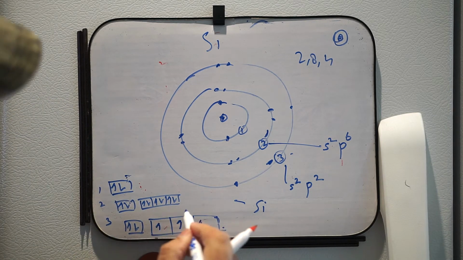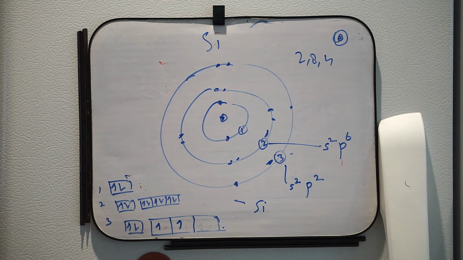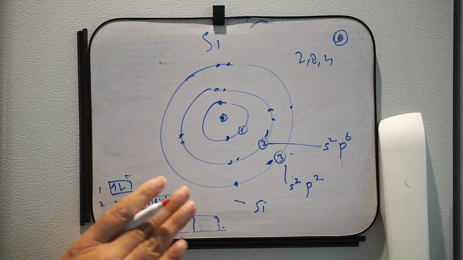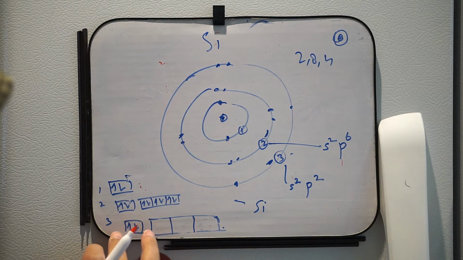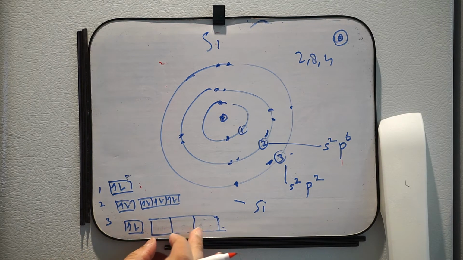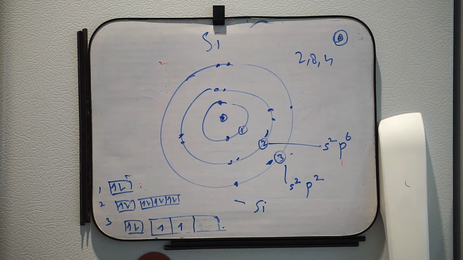The other possibility to reach a stable point is that it can actually also give just these 2. So then this becomes empty, still a valid, stable configuration. So it doesn't have to give this. It just needs something that will take 2 electrons, and it will gladly give those 2 electrons to that element.